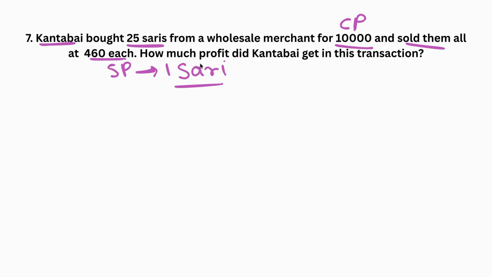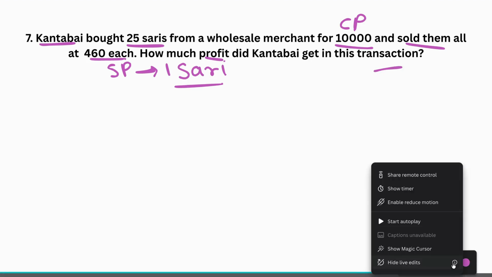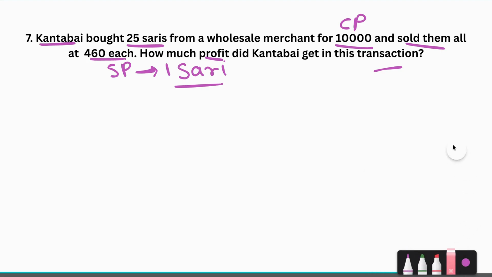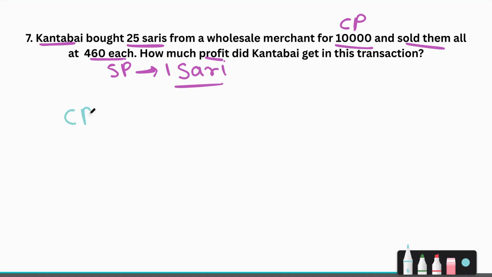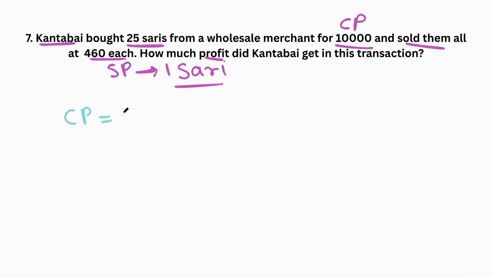Now they are asking us how much profit Kantabai got in this transaction. That means how much she earned more. So let's start the sum. Wait a minute. So the cost price here is given in the question, that is 10,000 rupees, right?